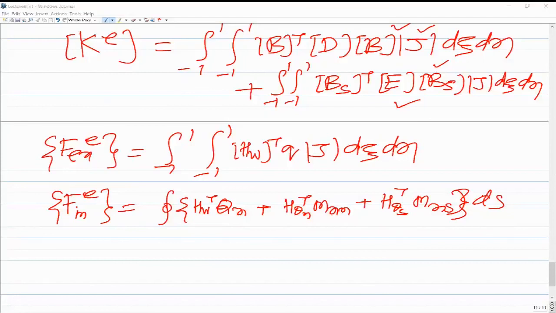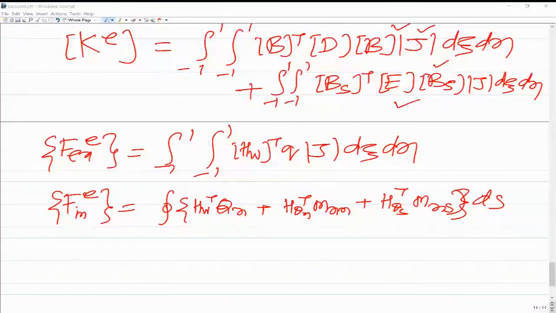Quite often we leave it as unknown. We specify w, del w by del x and del w by del y depending on what kind of support we have, and leave del 2 w by del x del y as an unknown. So we do not specify that. Yes, I remember. Thank you.